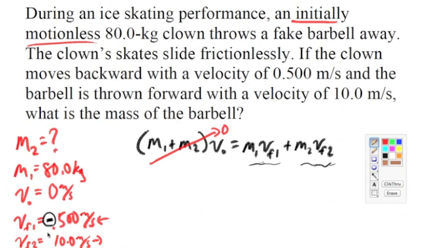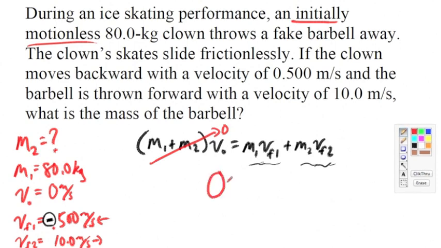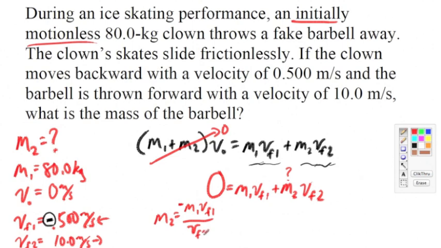Now, with this in mind, we have everything that we need to solve this equation over here, especially since we get this big 0, and now all I need to do is solve to get our mass 2 alone. If I do that, mass 2 ends up being mass 1, v final 1 for the clown, divided by, with a negative, we had to subtract to get it over there, v final 2.